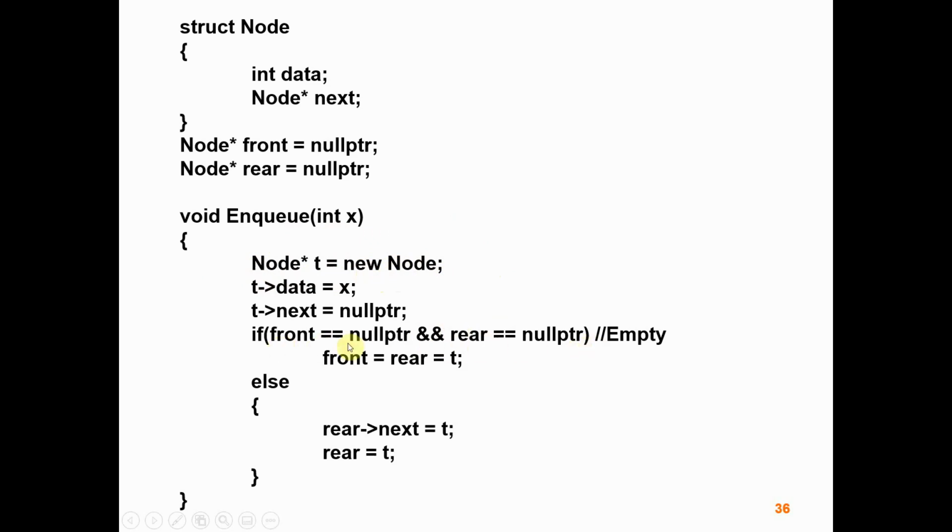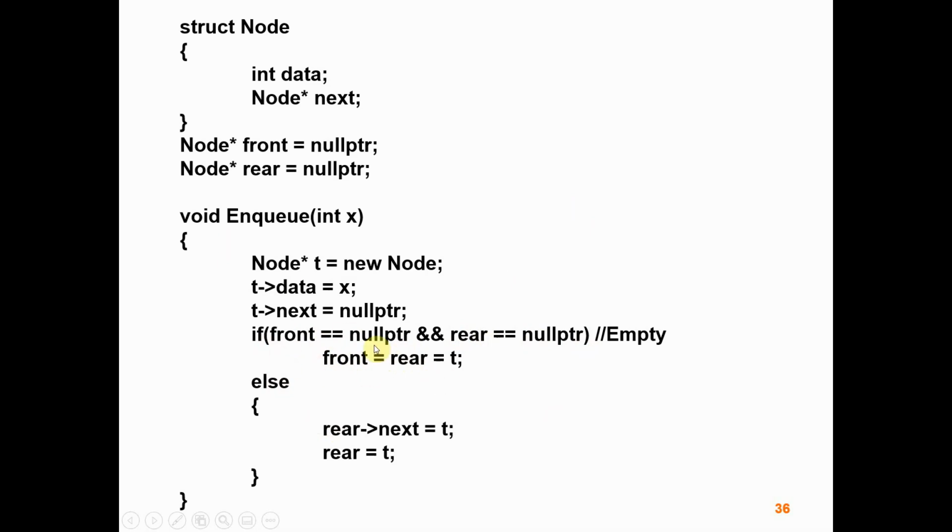Similar to the array implementation, if our linked list is empty and we want to insert the first element, we have to change both front and rear. This is the only case where the front pointer also needs to be changed when we enqueue.